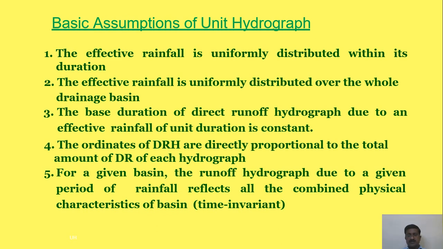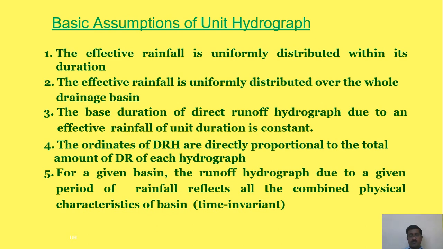As we understood, the unit hydrograph is a direct runoff hydrograph resulting from one unit, that may be 1 inch or 1 centimeter, of constant intensity uniform rainfall occurring over the entire watershed.